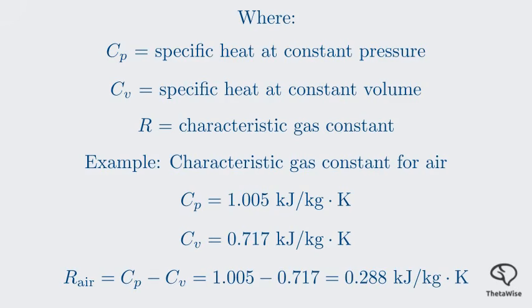C sub P for air is about 1.005 kilojoules per kilogram Kelvin, and C sub V is about 0.7107 kilojoules per kilogram Kelvin. Their difference gives us the characteristic gas constant for air, R, which is 0.288 kilojoules per kilogram Kelvin. This constant, R, is specific to air and is used in the engineering form of the ideal gas law.